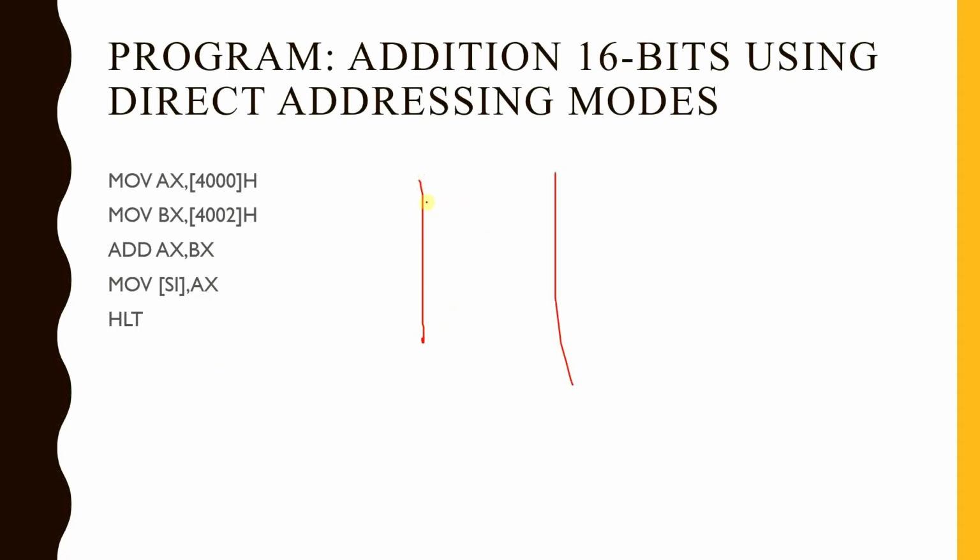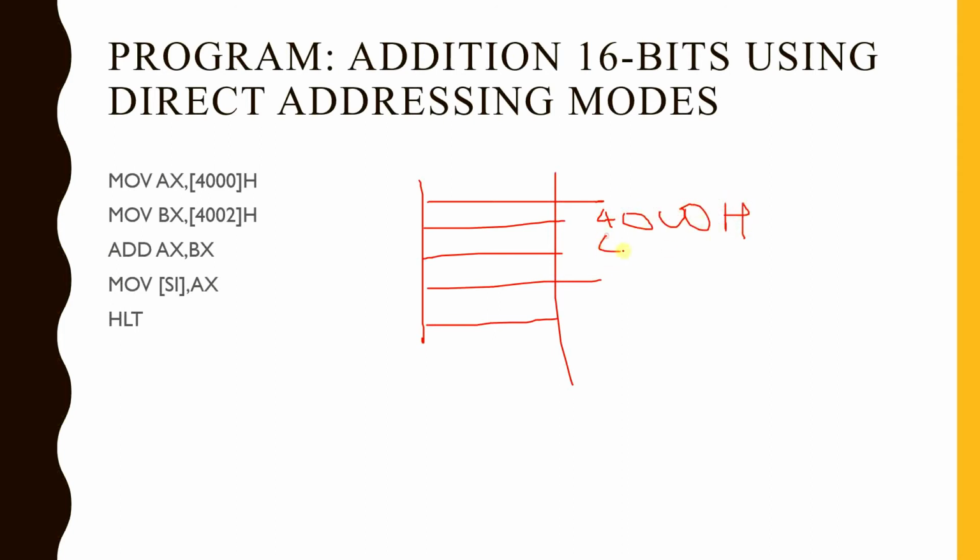This is a memory map for direct addressing mode. So on memory location 4000, and specify it with an H: 4000, 4001, 4002 and 4003.